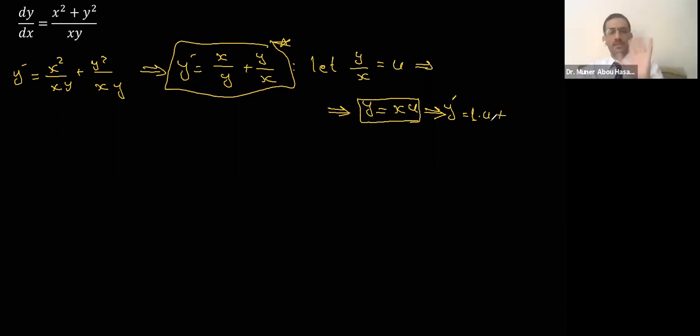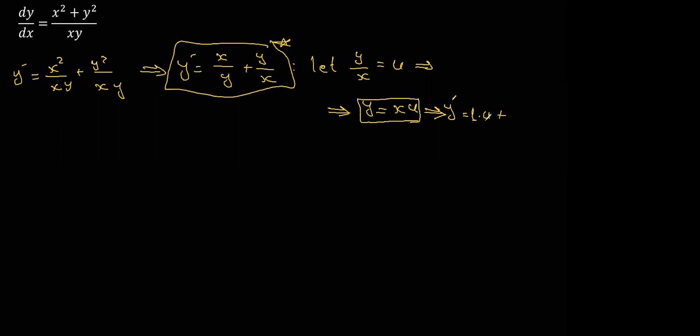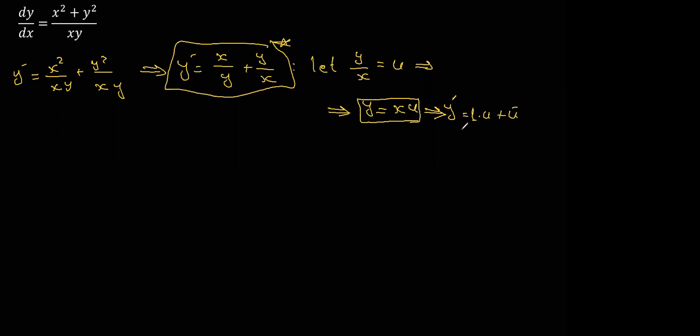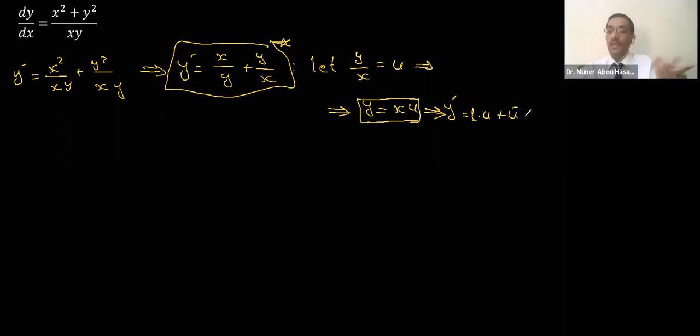Yes, you are right. What about the derivative of u? Is it 1? Now we will try to find the differentiation with respect to x. So the derivative of u is u prime, u dash, as y prime, times x. Great, Abdullah. Thank you, Abdullah.